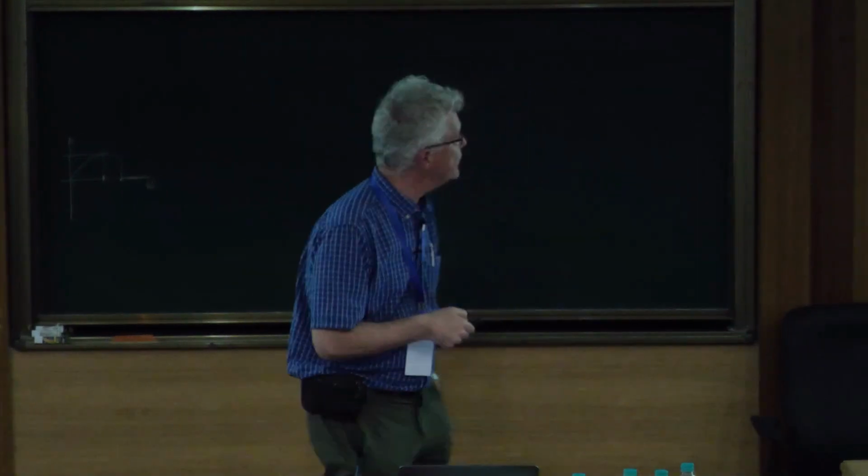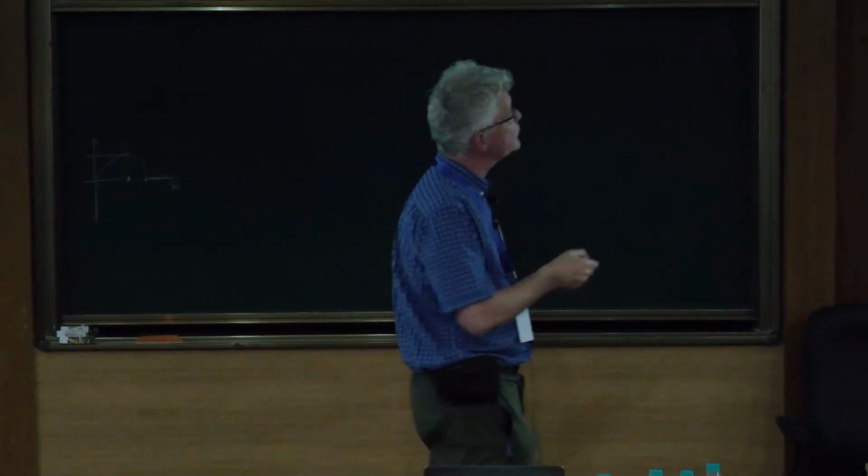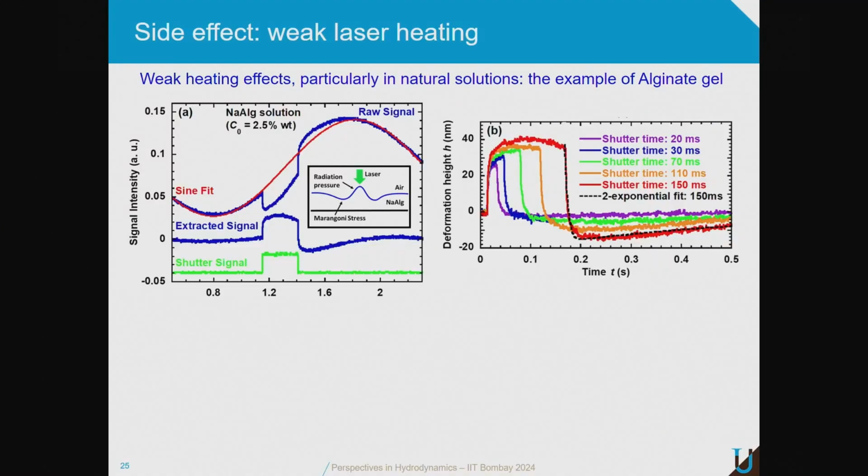And if you absorb, what happens is that you have such a signal, where you see that it goes down like that. In fact, you have a coupling between radiation pressure and, since you are slightly heating your system, the Marangoni effect, Marangoni deformation of your interface. And so the question is, we can measure this Marangoni effect.